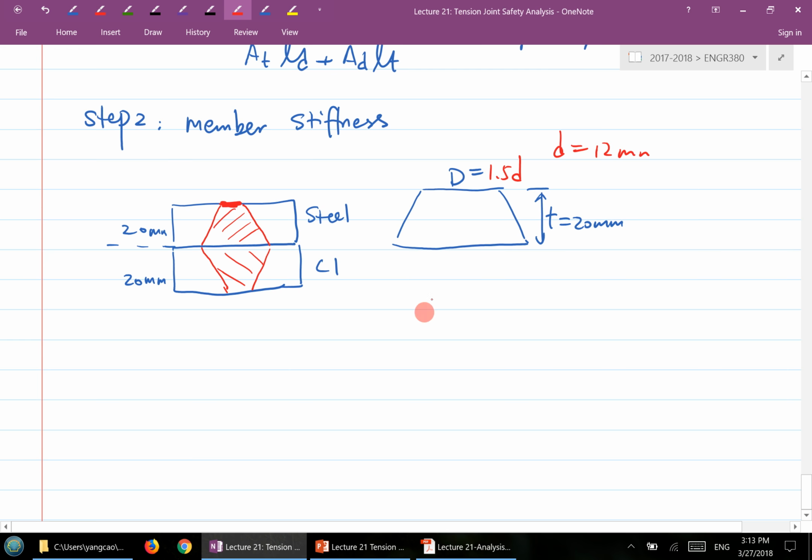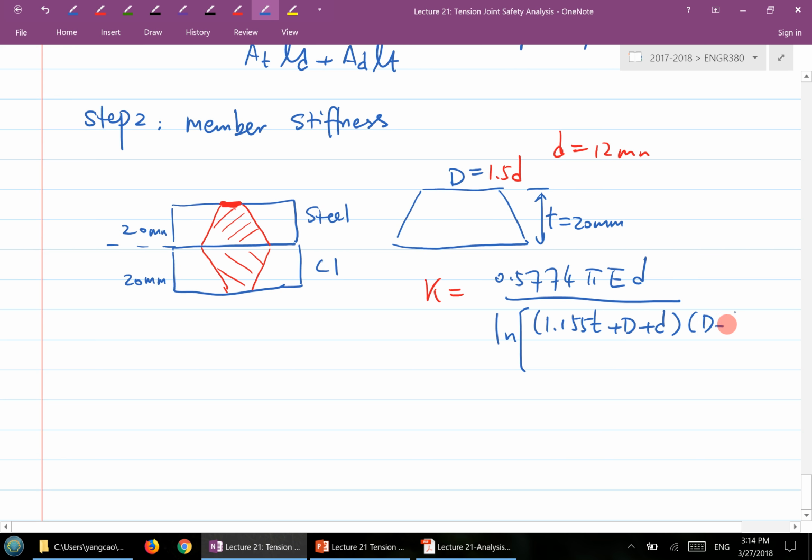Then you can use the formula K equals 0.577 times pi E d over ln of 1.155 and so on. You can use this formula to calculate the stiffness for this trapezoid here.